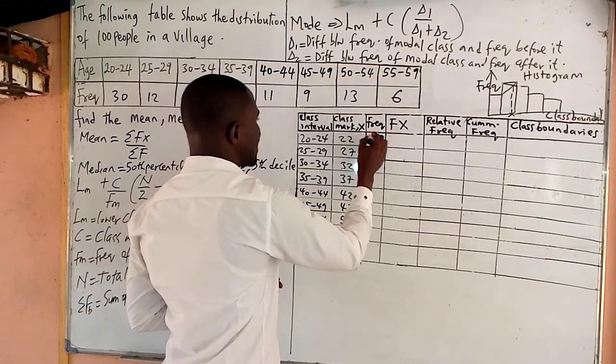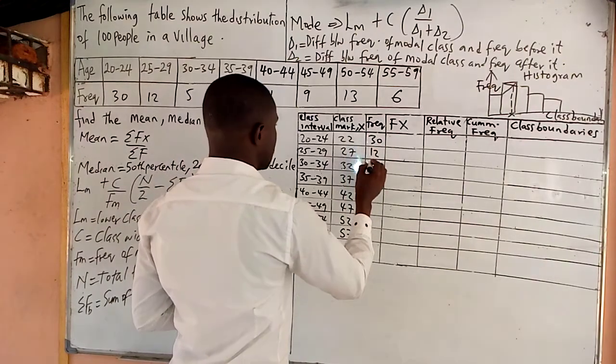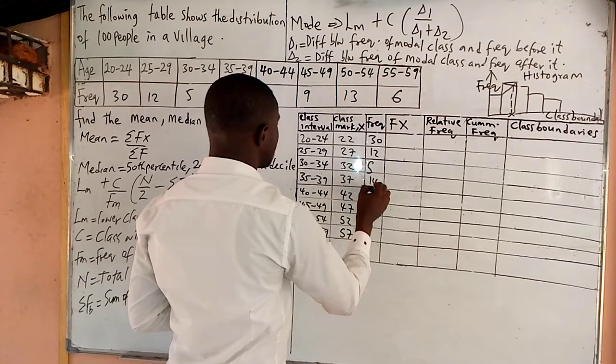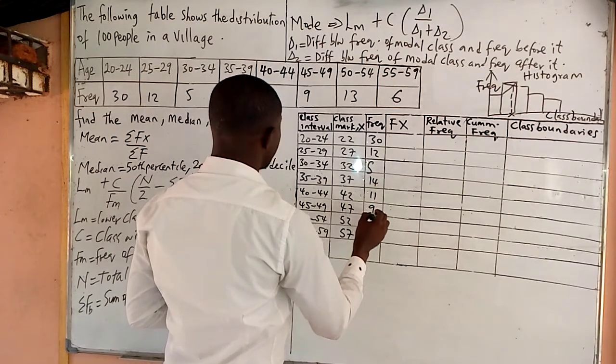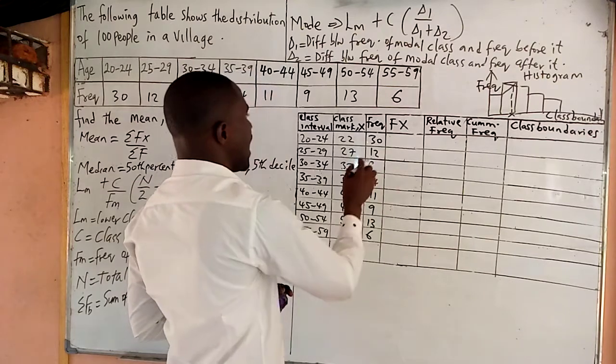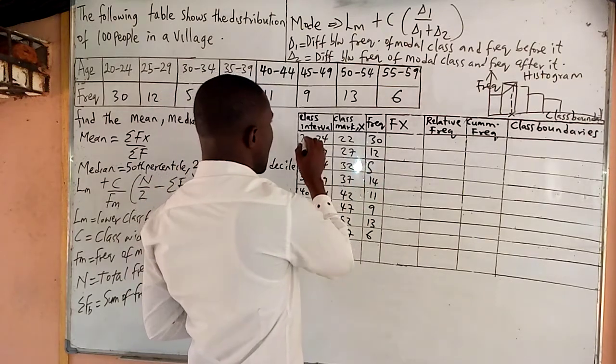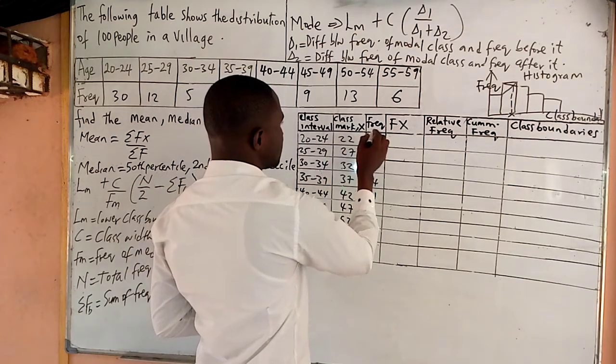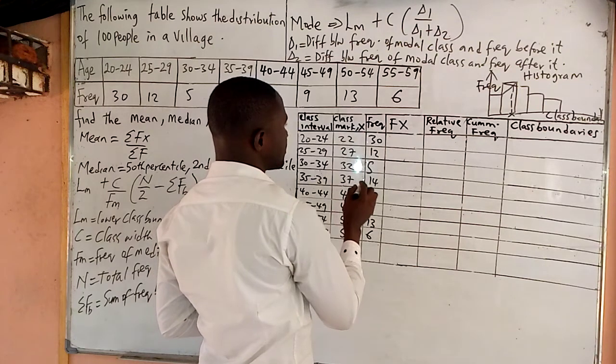Your frequencies are 30, 12, 5, 14, 11, 9, 13, 6. Then fx means f times x, frequency times class mark.